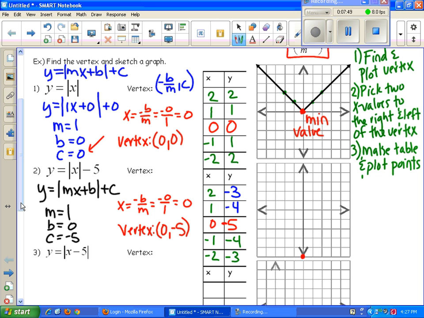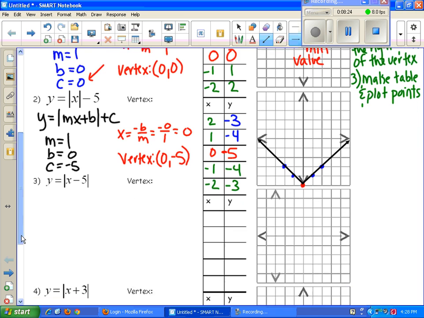So I have 1, negative 4, 2, negative 3, negative 1, negative 4, and negative 2, negative 3, and then I'm going to draw my V shape using my ruler. And again, if I didn't get a V shape here, then I know I would have plotted my graph wrong.